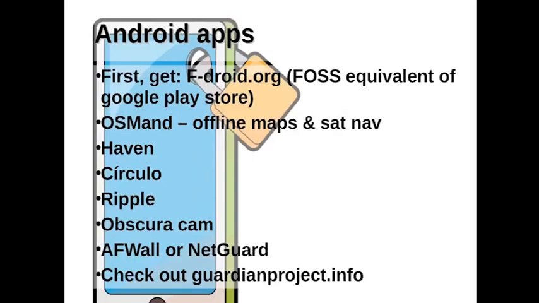OsmAnd, so perhaps an alternative to Google Maps. Not as good, I would hesitate to say. However, you can download maps onto your phone. They are perhaps 1 gigabyte, sometimes for UK 1.5 gigs, I think. But then you have the ability to have SatNav without your location being tracked, because I should say that GPS is passive in the sense that it's only listening to radio transmissions.